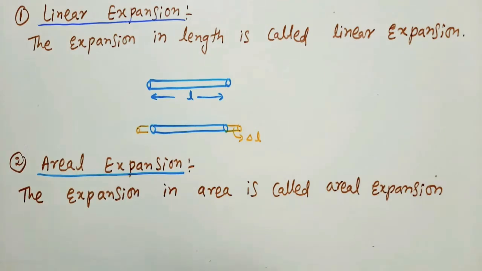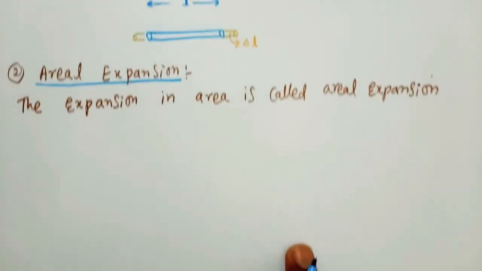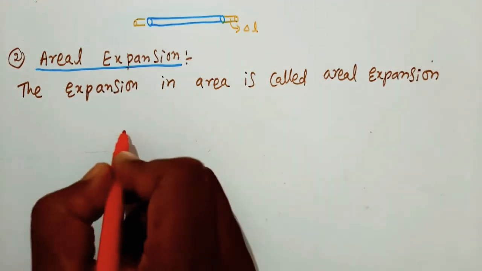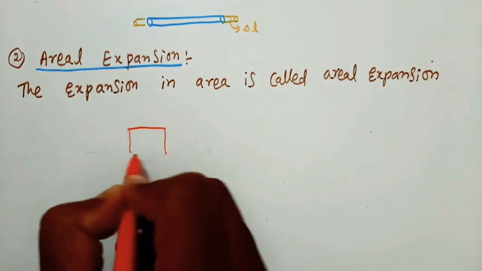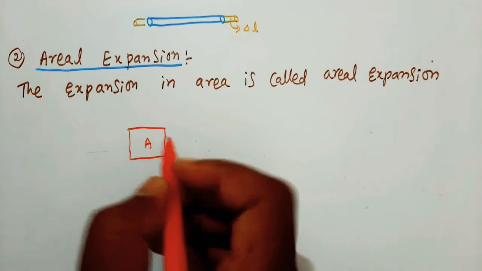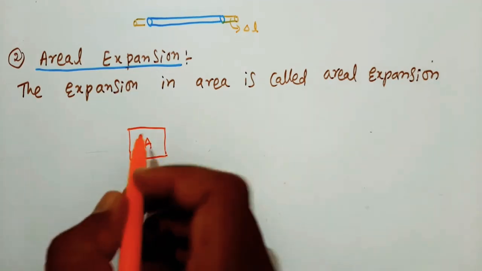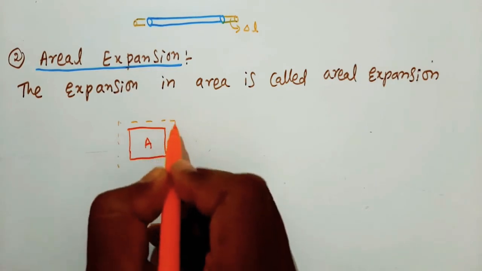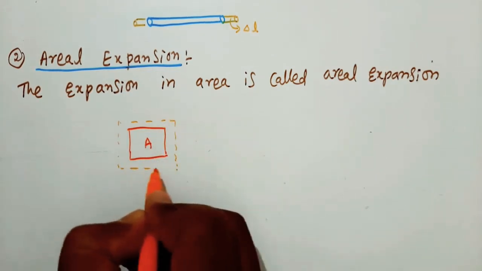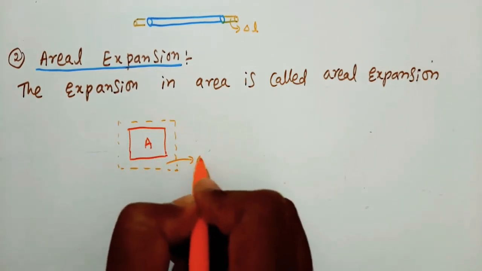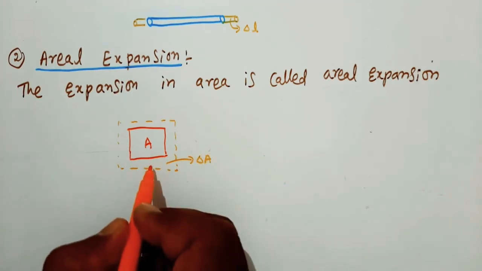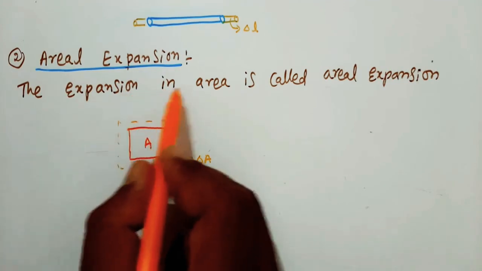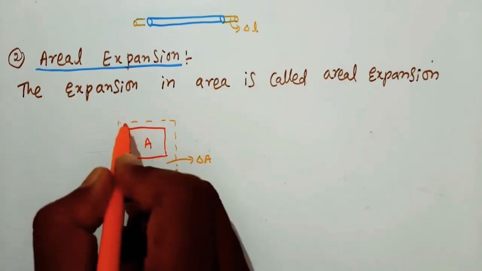So, initial area of a plate is A. By applying heat, the increasing area of plate is del A. So, due to heat, the expansion in area is called areal expansion.